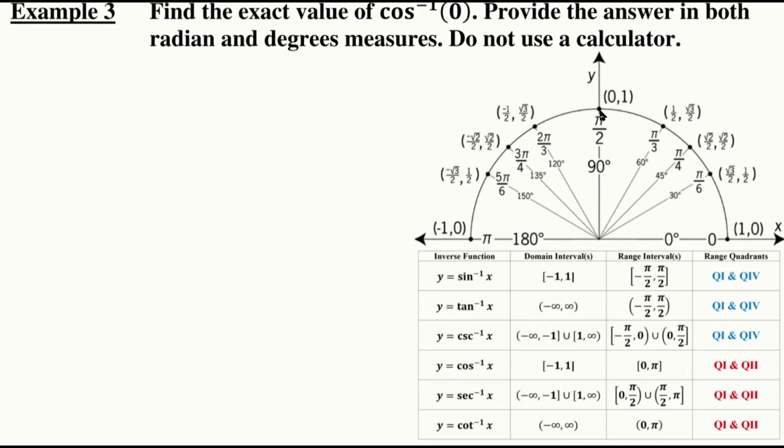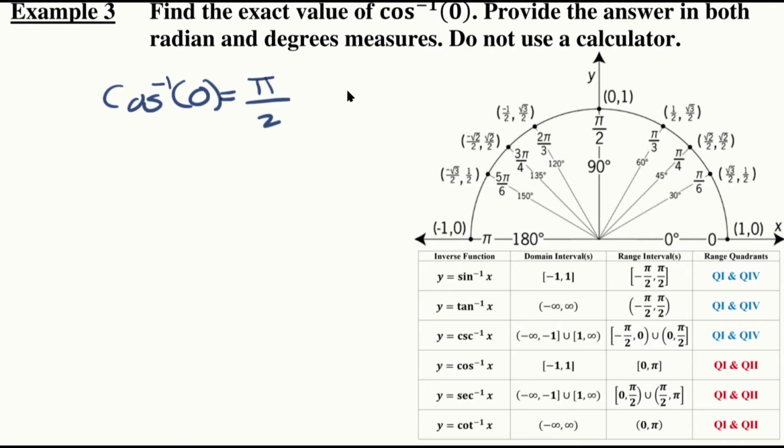So in this case, when we're looking for an ordered pair whose x coordinate is 0, we find that there's only one, and that's right here at pi over 2. So that's how we know that the inverse cosine of 0 equals pi over 2. Of course, that's in radians, and we don't need to write anything, because when we don't write any units, automatically it means radians.